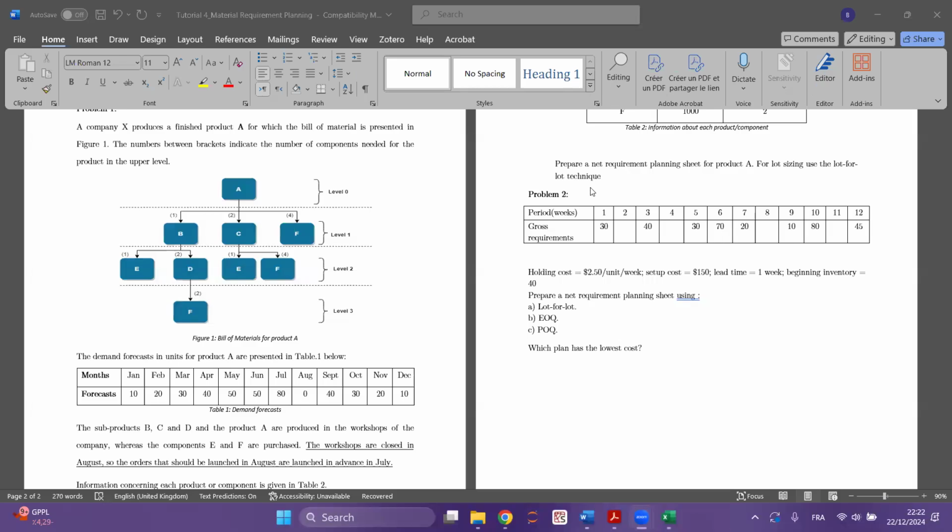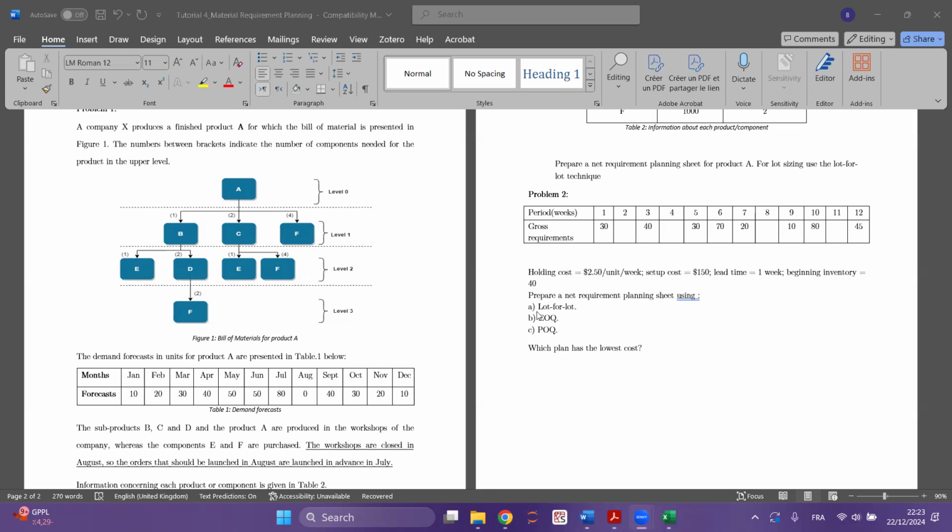Hello. In this video, we're going to be talking about problem 2 of the MRP tutorial. So this is just a small example. The objective is to practice the different techniques for lot sizing.